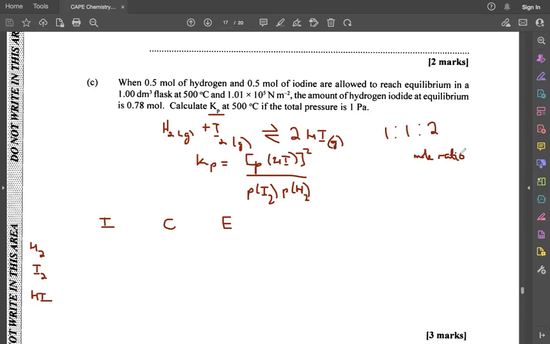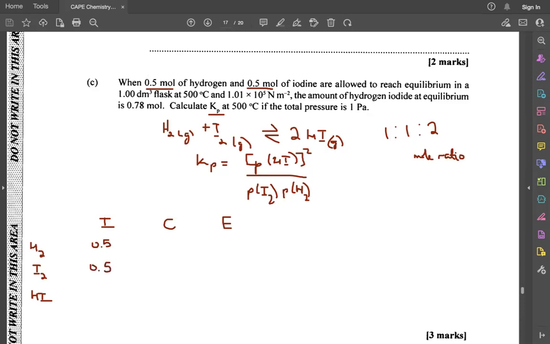All right, so let's go back to our ICE table. They told us that initially we have 0.5 moles of hydrogen and 0.5 moles of iodine. So we write that here: our initial amount of H2 is 0.5, and for iodine it's 0.5.